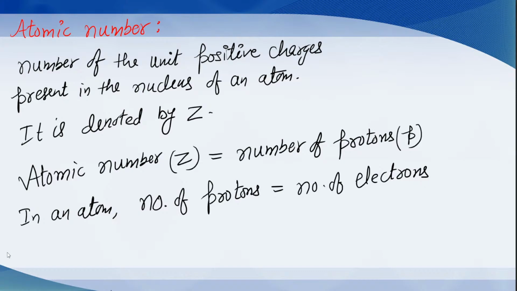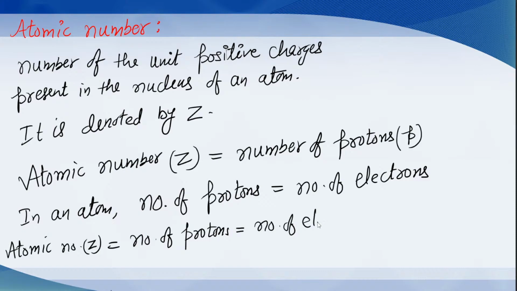So you can write that atomic number Z is equal to number of protons or equal to number of electrons in an atom, or we can say in a neutral atom.